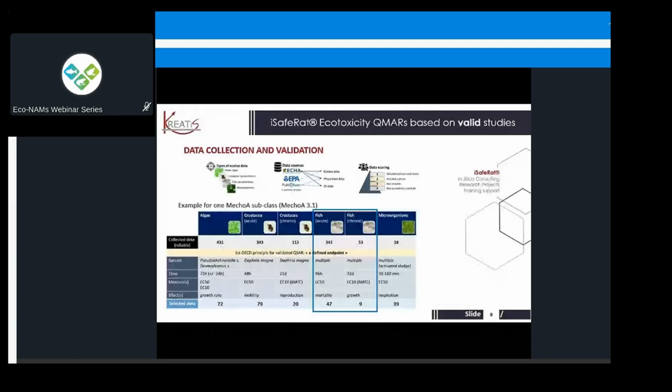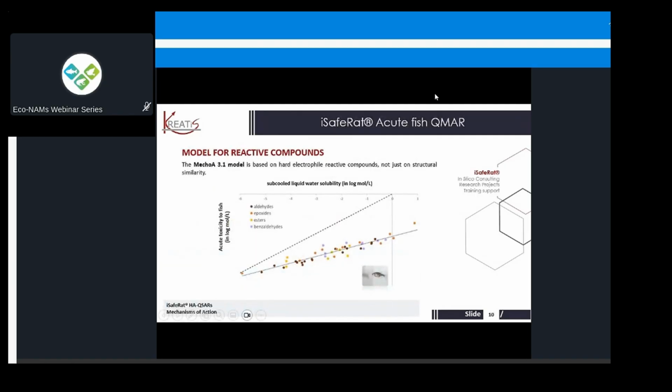The specific criteria included below, species, time measured and effect, are just the basics of what we look at when we validate these studies. We go into much more detail than that. What you can see is that very few of the studies finally came out as what we considered fit for purpose for inclusion in our QSARs. It took us a long time for each of these subclasses to do that.